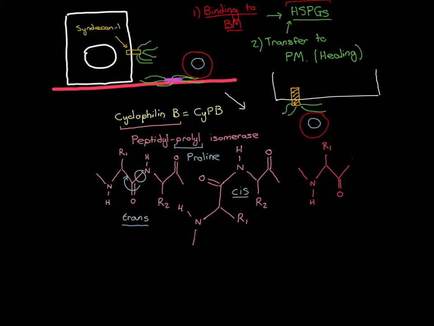So now let me put proline in here. So here is the nitrogen, here's the alpha carbon, here is the carbonyl group here, and remember the R group of proline is weird because it involves the amino group of the amino acid, whereas no other amino acid that's used in proteins normally involves the amino group.